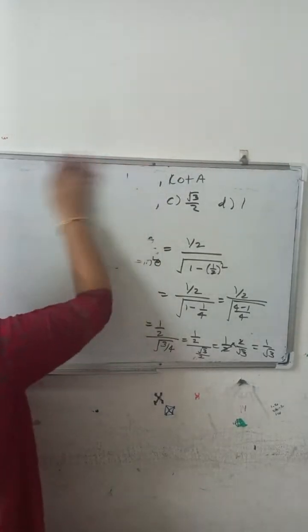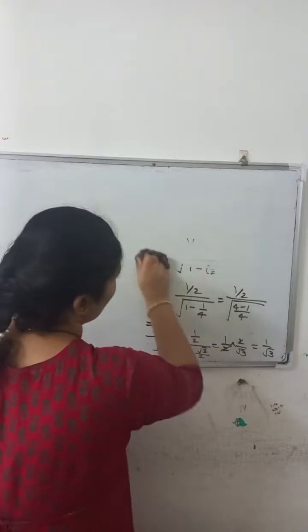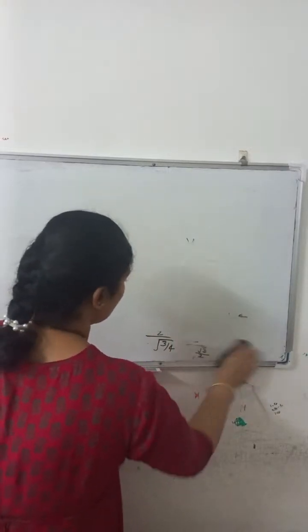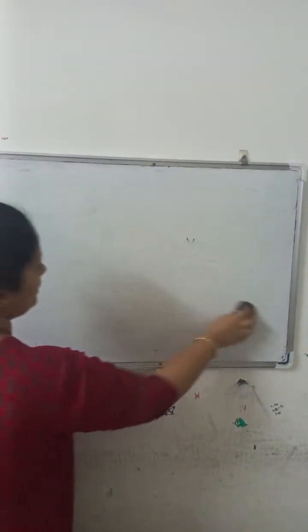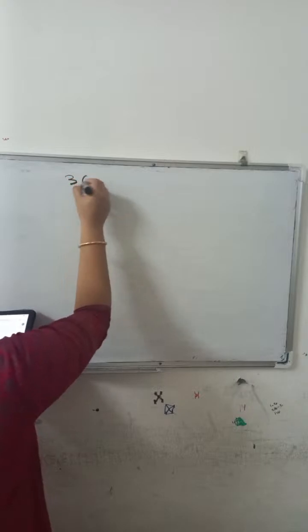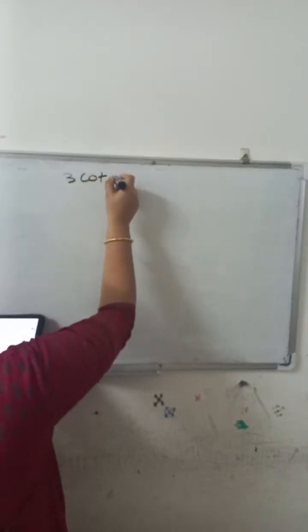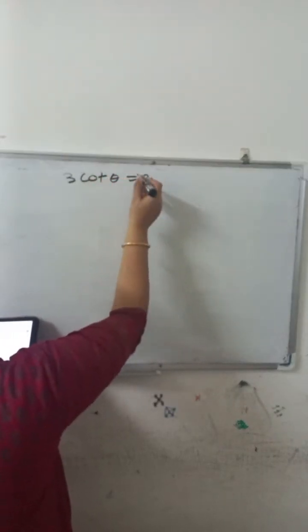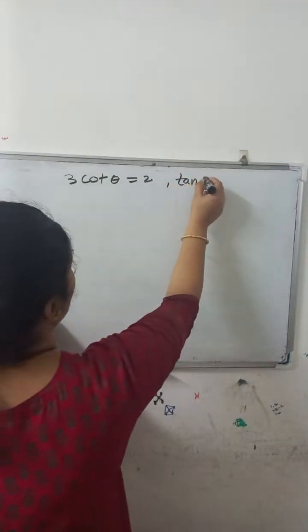Okay, so I will write the question on the board also. I hope everyone is getting what I am teaching. If you hear the initial part properly, then you can apply the concept everywhere. So the question is: if 3 cot theta is equal to 2, then what is the value of tan theta?